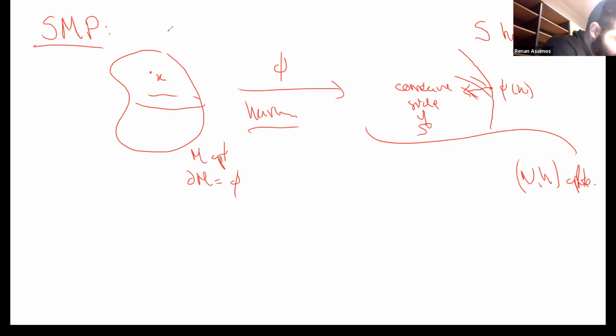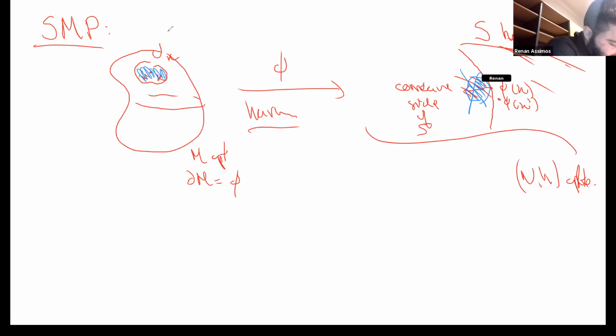And then Samson maximum principle says the following. If there exists such a hypersurface, then for every neighborhood U of X, there will exist a point X prime such that the image of this point belongs to the convex side of your hypersurface. In other words, this neighborhood cannot be mapped entirely on this part.